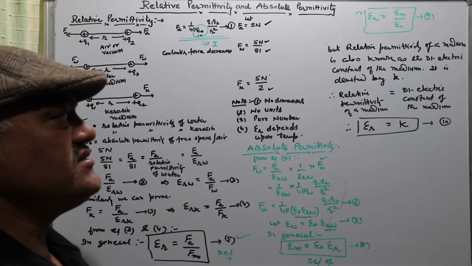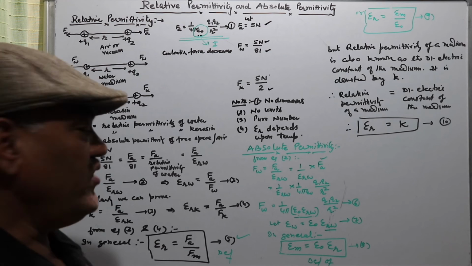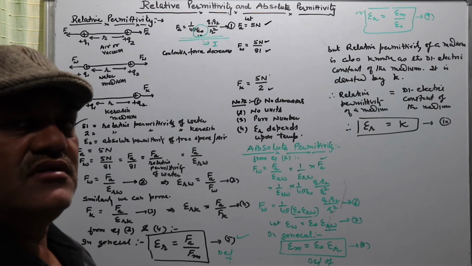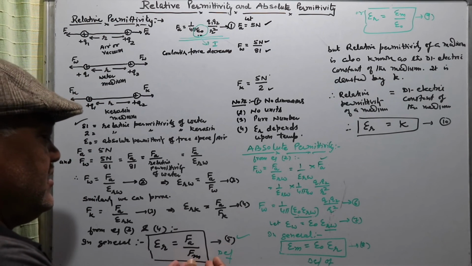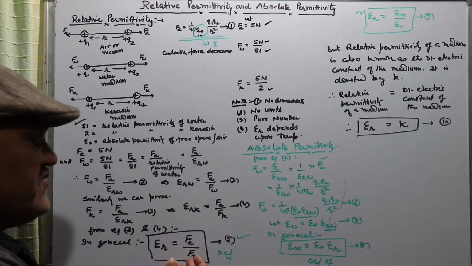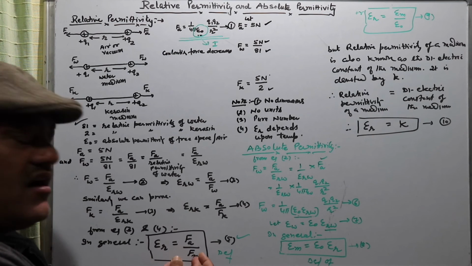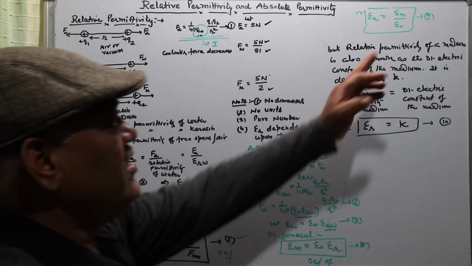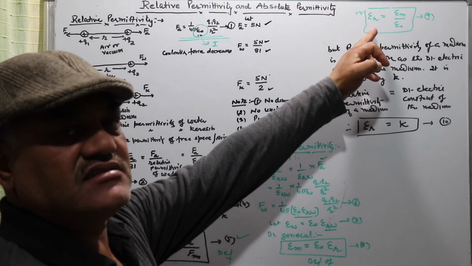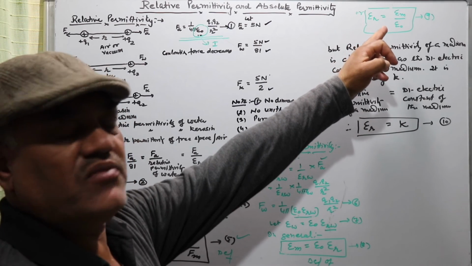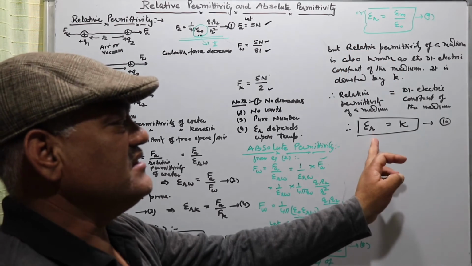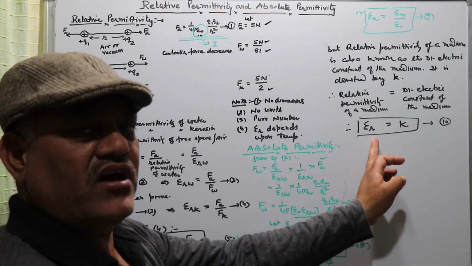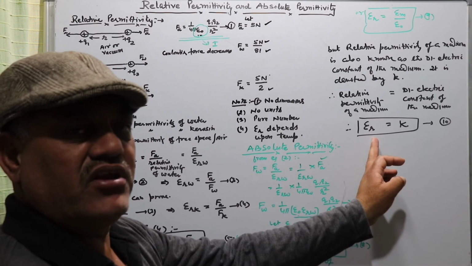So students, this is equation number 5 gives us the definition of relative permittivity of the medium. Equation number 9 also gives us the definition of relative permittivity of the medium, and this is also the expression for the relative permittivity of the medium.